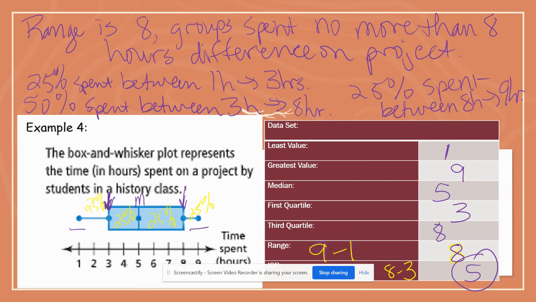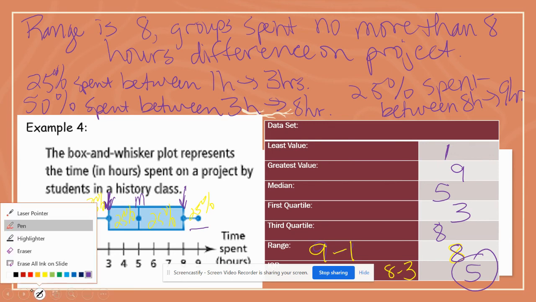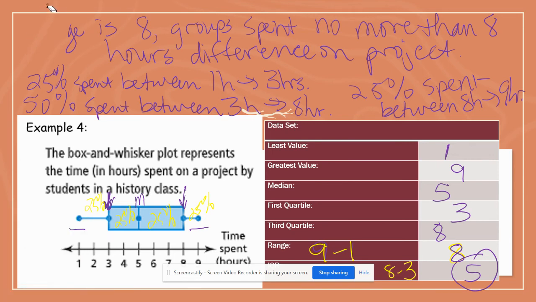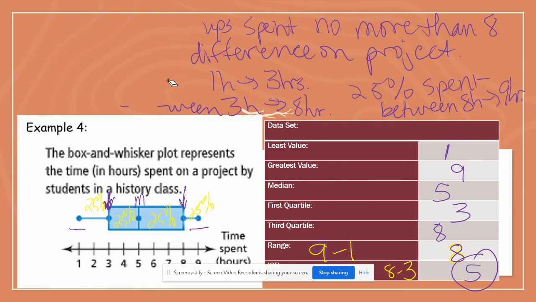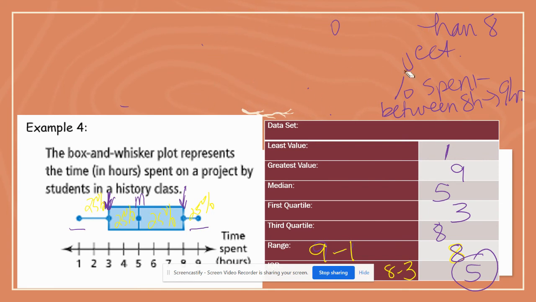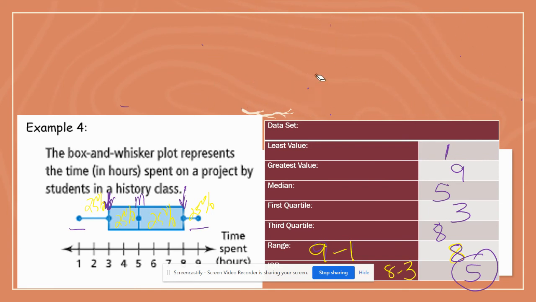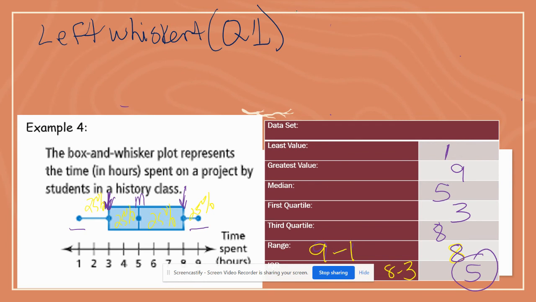And then it's again asking us about the spread of the data. So if I'm looking at the spread of the data between the left whisker and the right whisker, then we have our left whisker, which is below Q1, is 3 minus 1, which is a 2-hour spread.